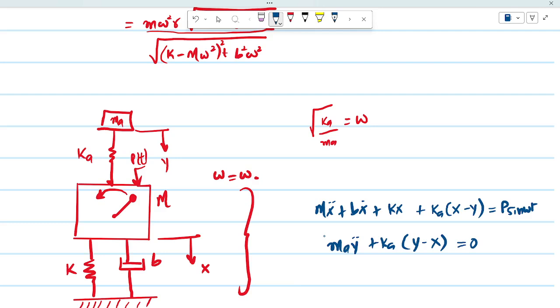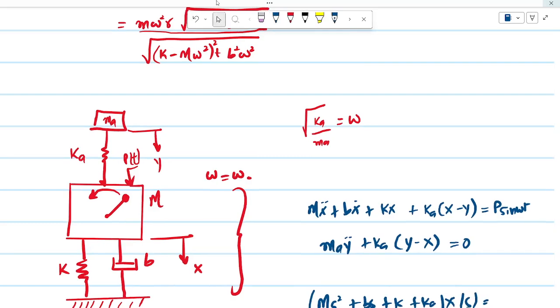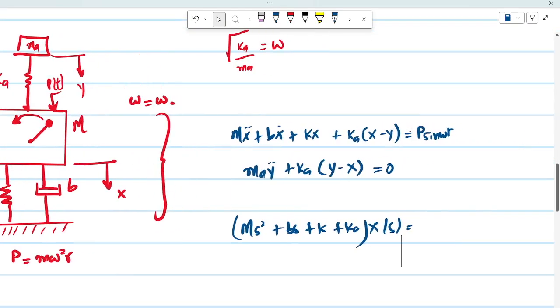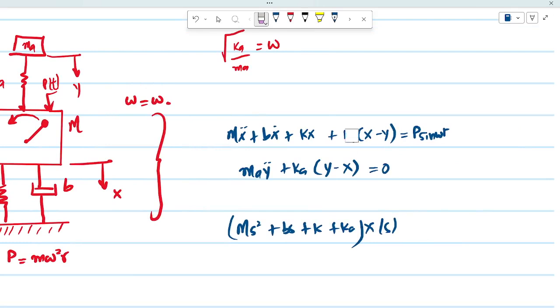Now we can take the Laplace transform for this equation. It will become (m s square plus b s plus k plus ka) into x of s, minus ka y of s, equals to p of s.